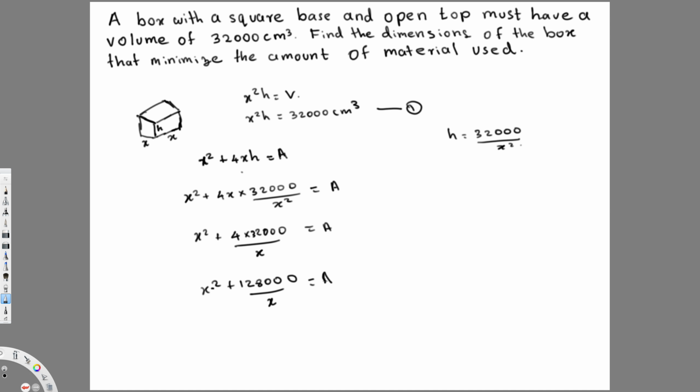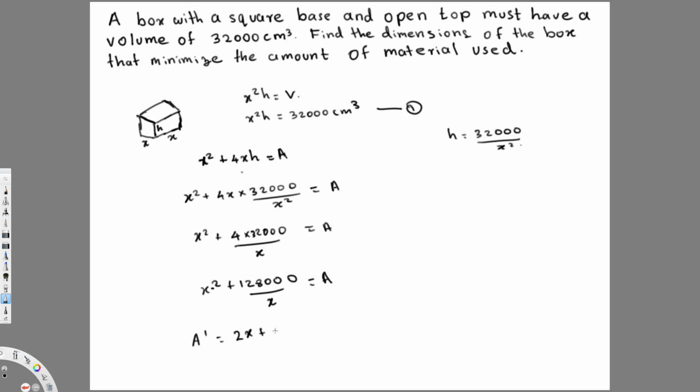So A prime: x square becomes 2x, plus, this is x to the power of minus 1, right? So it's going to become minus 128,000, and minus 1 minus 1 becomes minus 2.